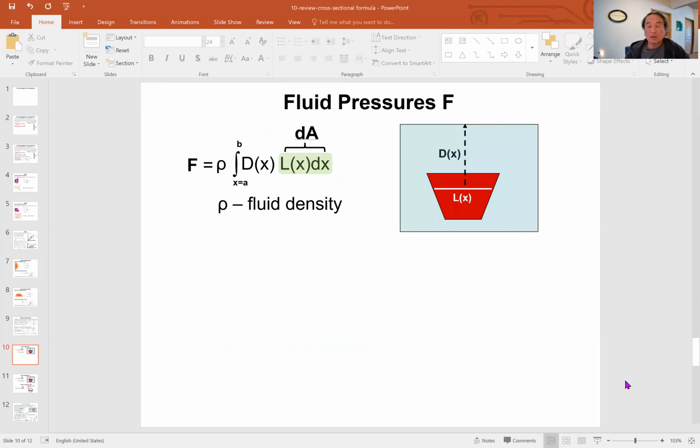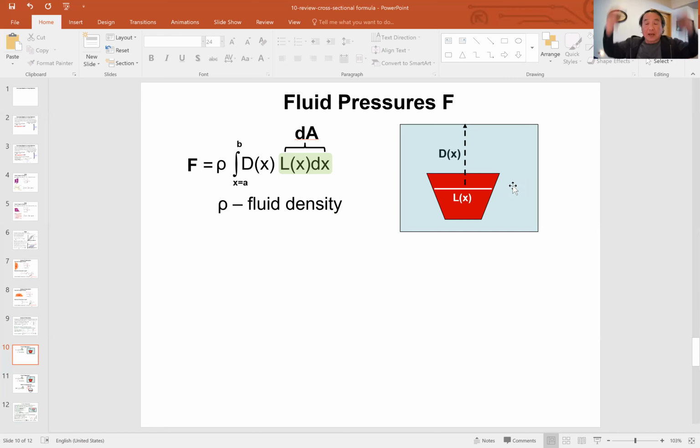And finally, we use the cross-sectional length to talk about fluid pressure on a plate. If I know the cross-sectional length, I multiply by dx, and that will be roughly the area of this thin little strip.